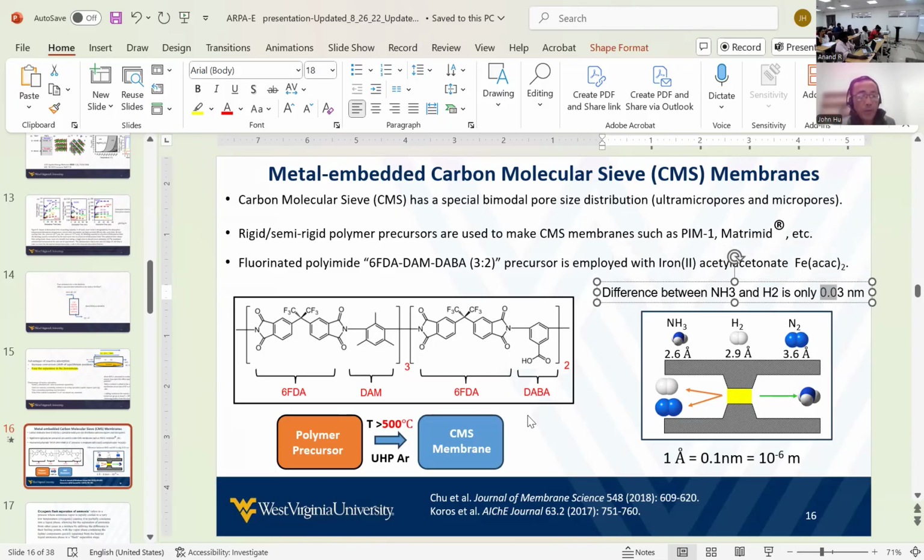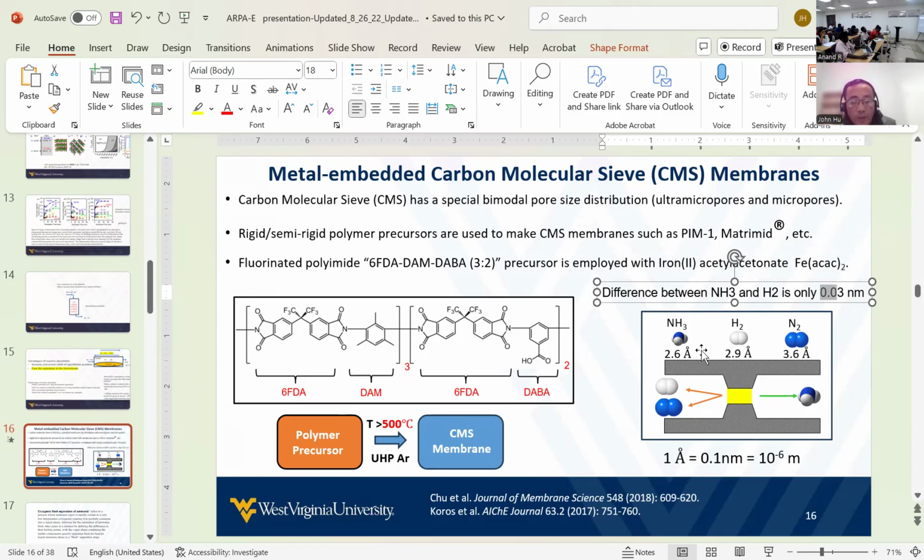Conventional membrane means, for water filtration, you can have a ceramic membrane, all kinds of membrane. To design the ammonia membrane, you have to play a little trick. The membrane only allows ammonia to come in, but not the others.